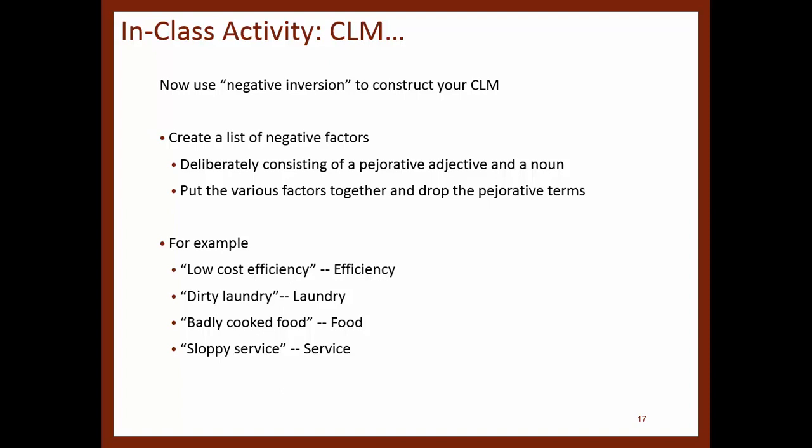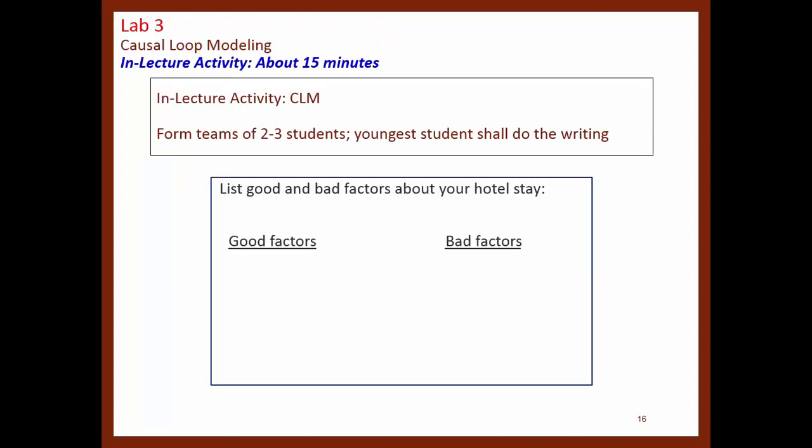And now use negative inversion to construct your Causal-Loop model. So you're going to create a list of negative factors that are likely to happen. This is just to try to help you think about it.